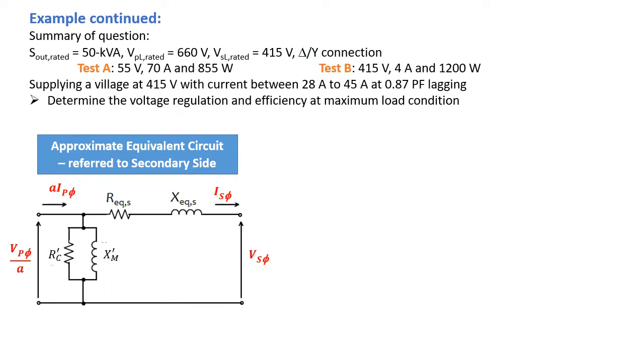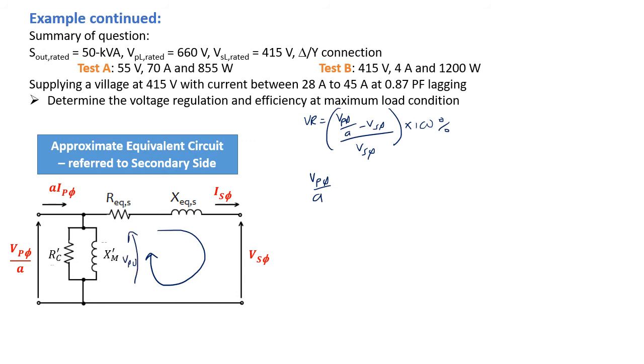We need the equation for the transformer, and from the equivalent circuit, if we do KVL on this part of the circuit, then Vp phase over a, which is this voltage, is equal to Vs phase plus the voltage drop at Req and Xeq. So Is phase multiplied by Req plus jXeq.